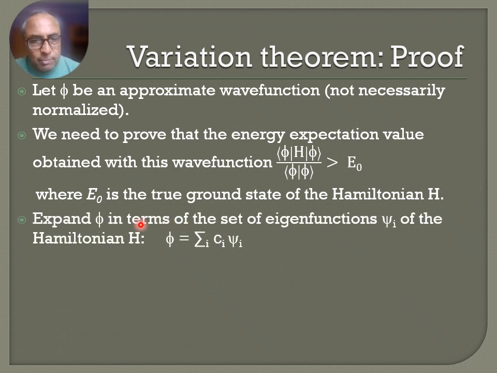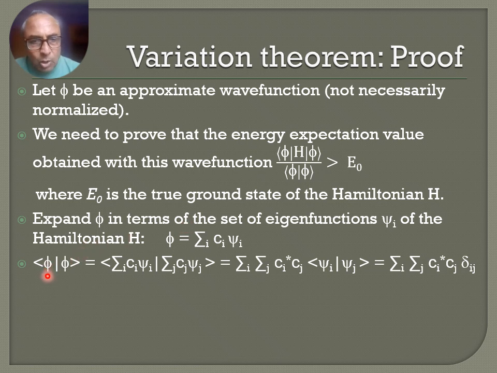So let us expand phi in terms of the set of eigenfunctions psi i of the Hamiltonian. Since the Hamiltonian is a Hermitian operator, its eigenfunctions form a complete set, and therefore we can expand phi in terms of the eigenfunctions psi i of the Hamiltonian H. Therefore, phi equals sigma i ci psi i.